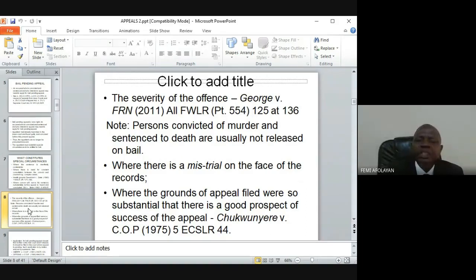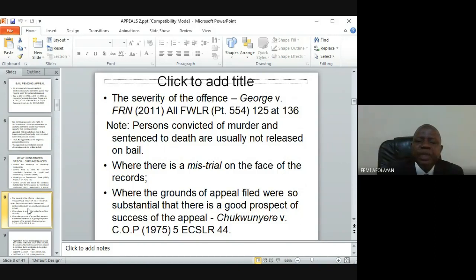Note that persons convicted of murder and sentenced to death are usually not released on bail. Where there is a mistrial, or the trial was not properly conducted at the lower court, and this is reflected on the face of the records, it can be a ground.